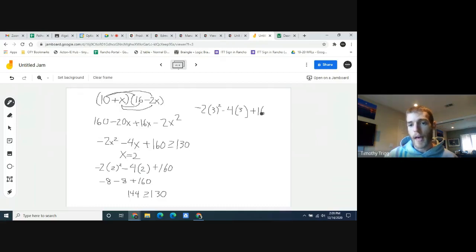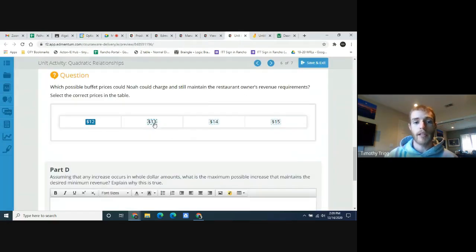And I want you to work that out and see if this is going to be greater than or equal to 130. If it is greater than 130, then go ahead and click that. If it's not, then don't. Then check 14, replacing all the x's with 4, and check 15, replacing all the x's with 5. So you're going to check each of these prices.